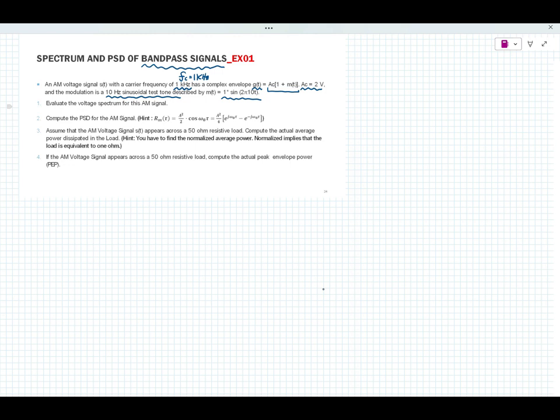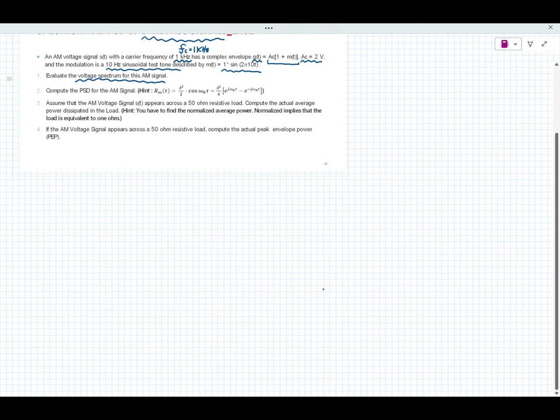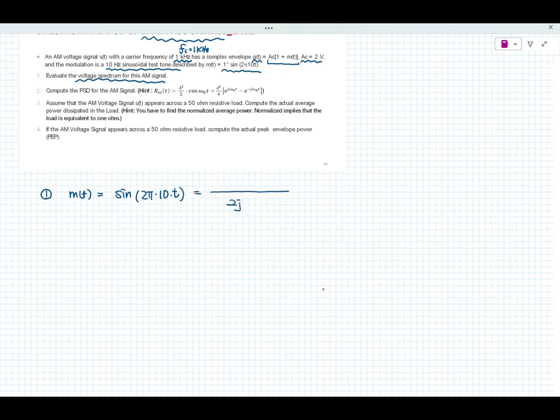All right. So the first question is, what is the voltage spectrum for the AM signal? We have to do it in two steps. First, m of t is sine 2 pi f t. We can rewrite it with trigonometric methods as 1 over 2j times e to the j 2 pi 10 t minus e to the minus j 2 pi 10 t.